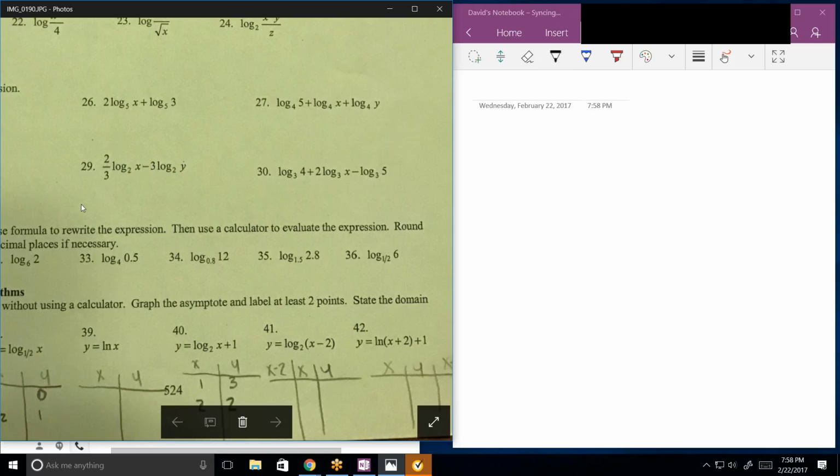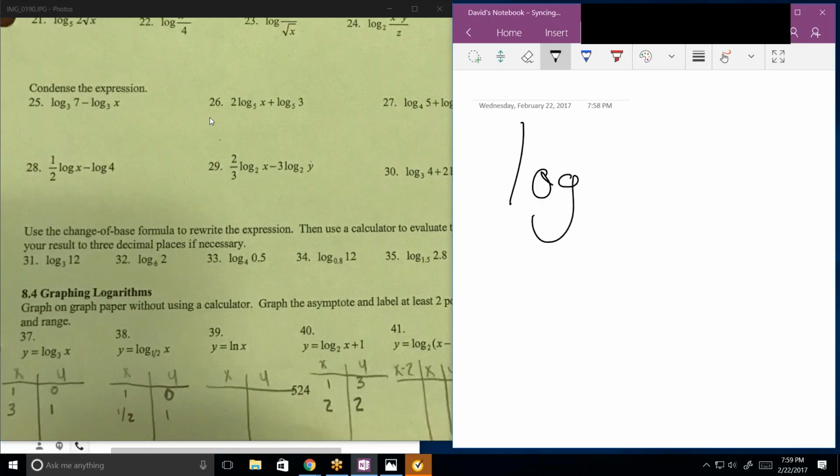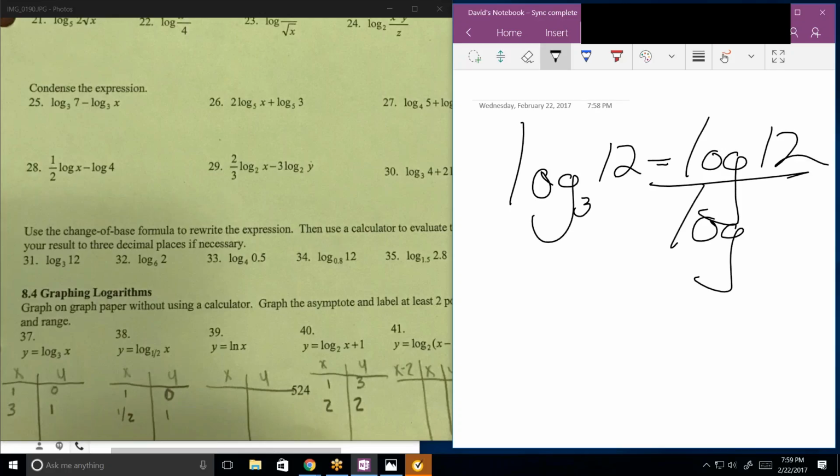Okay. Where is that? Oh, yeah. 31, yeah. Change of base is really easy. It's equal to the log of the upper number divided by the log of the lower number. These bases can be anything you want.